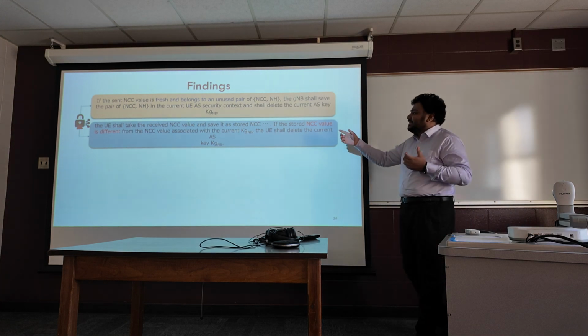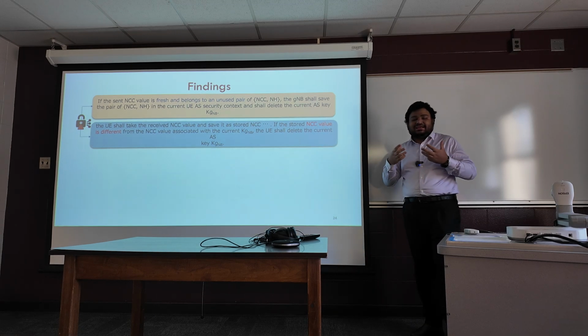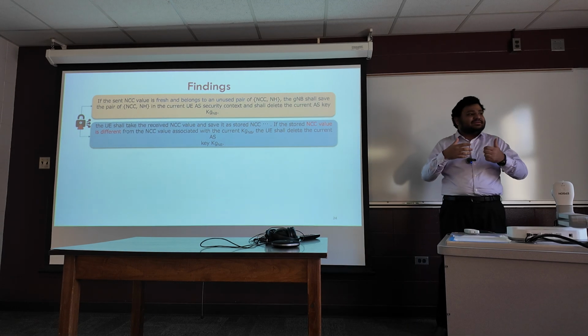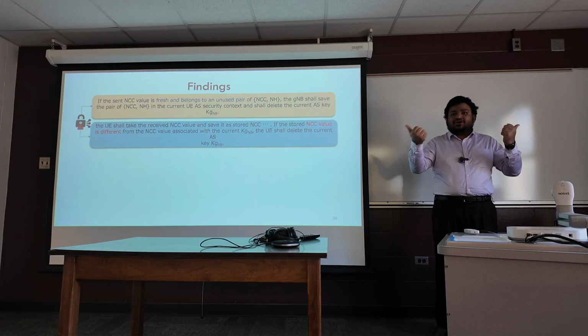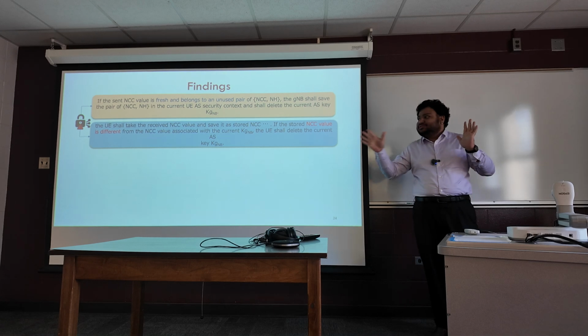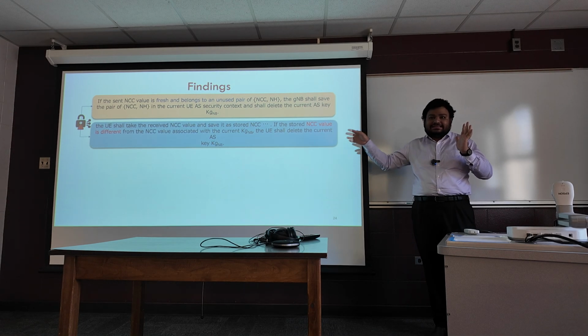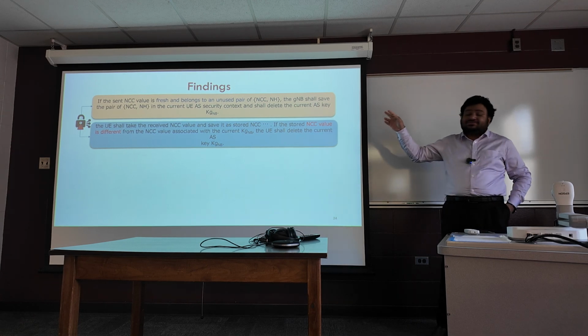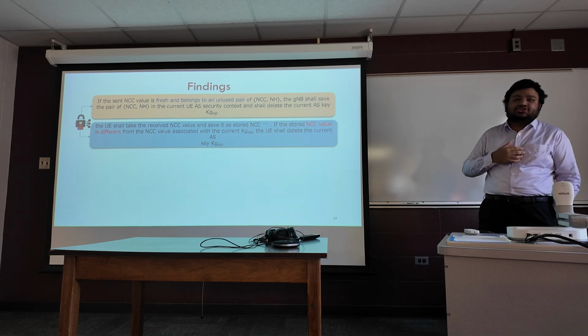But when they say that the NCC value is different, then the implementation basically just checks whether the previous value is equal to the current value. If it is not, then the implementation is fine. So you see the problem, right? We can do a lot of replay sort of attacks in this second scenario, but the first one is replay proof, which we expect the implementation should follow.